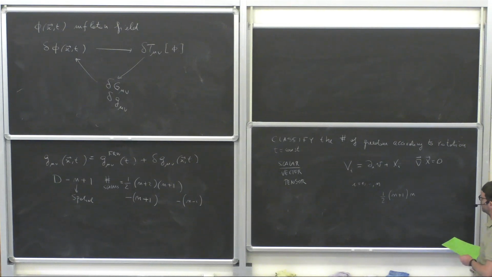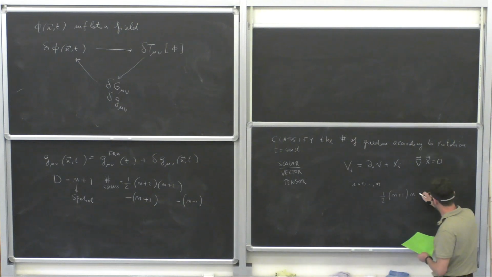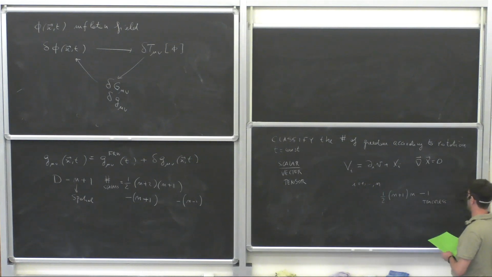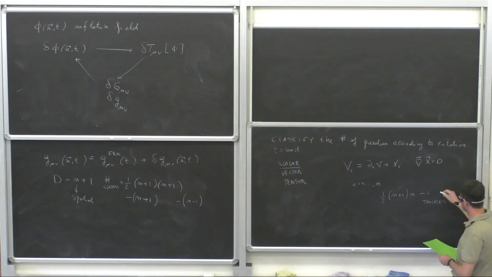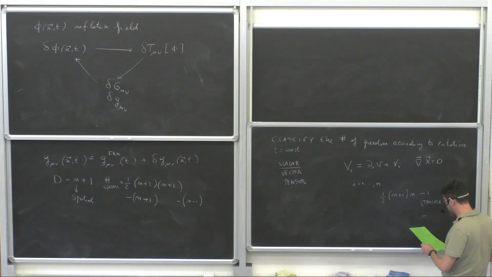Then, of course, you have to impose the condition that the tensors are traceless and transverse, so you remove the 1 from the traceless condition, okay? And then the other condition is that you also remove the n minus 1 from the transverse condition.